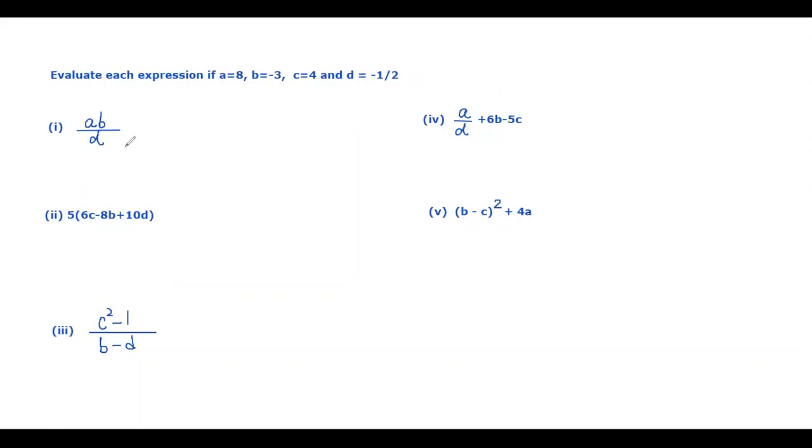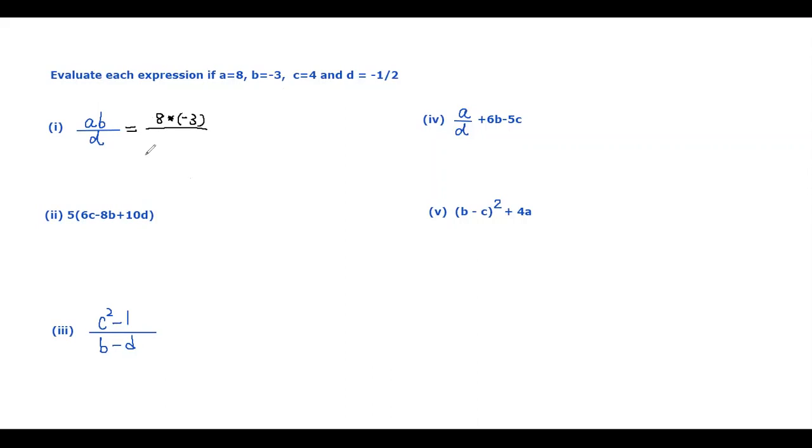The way I do it, I typically just plug in the numbers. So here, this is A times B. A is 8, times B. B is negative 3, so be careful. Put it like this so you don't count it like A minus 3.